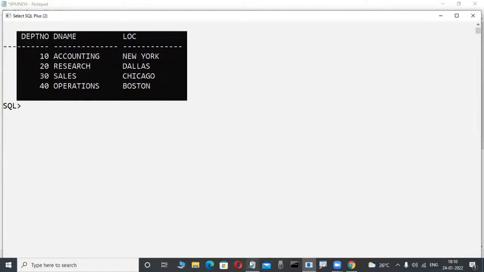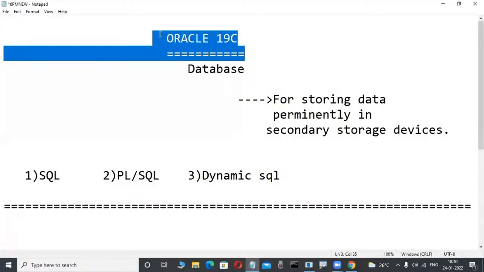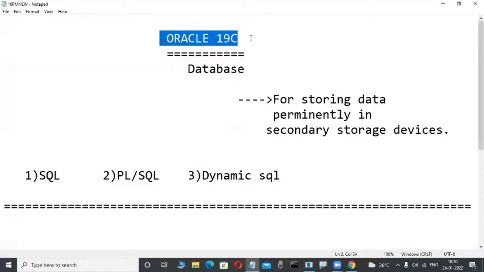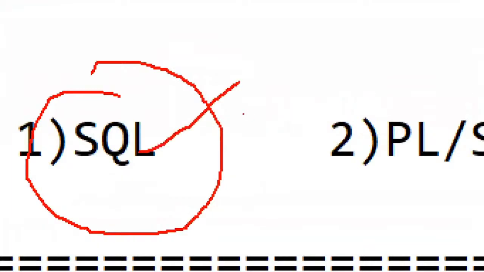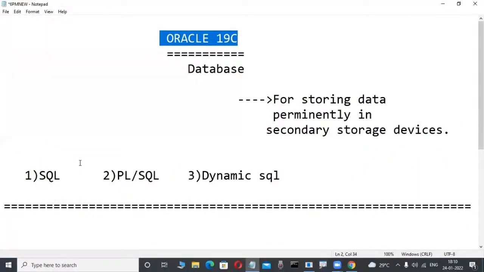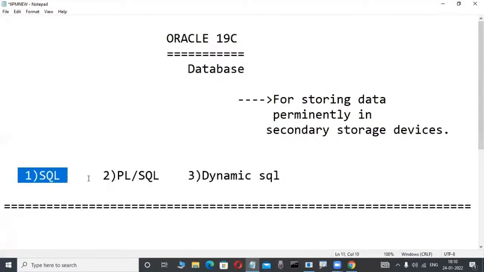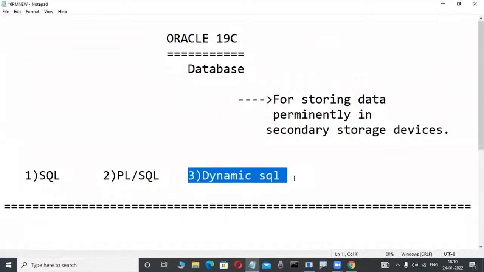Now for operating these types of relational data model products, one universal language is there. What is that? SQL, structured query language. But to operate an Oracle product, not only the SQL language, three languages are there. One is SQL, another one is PLSQL, procedural language extension for SQL. Another one is dynamic SQL.